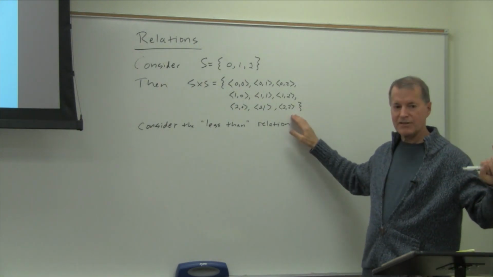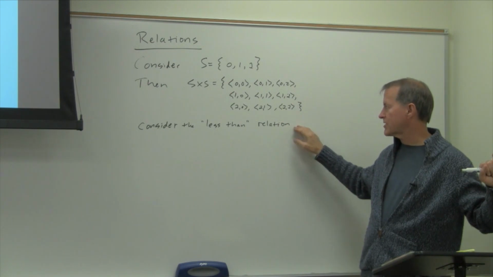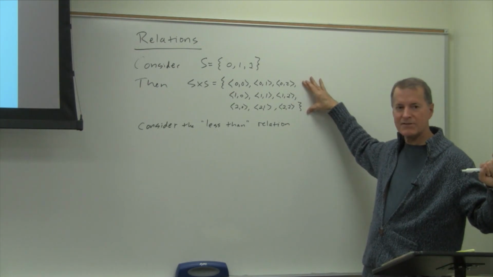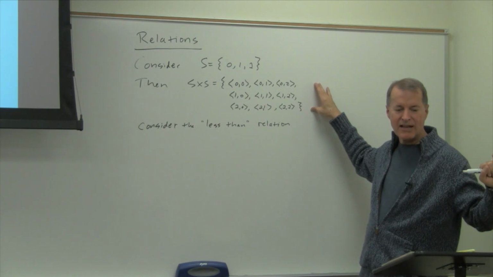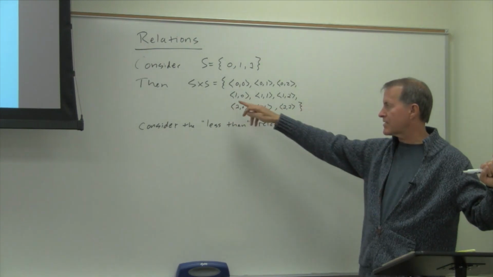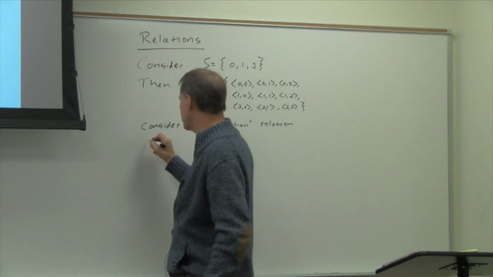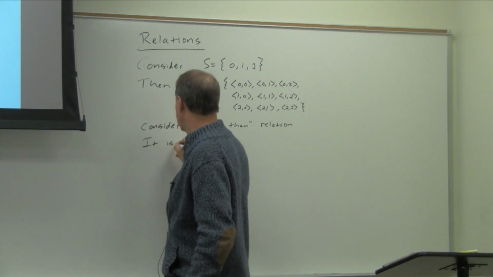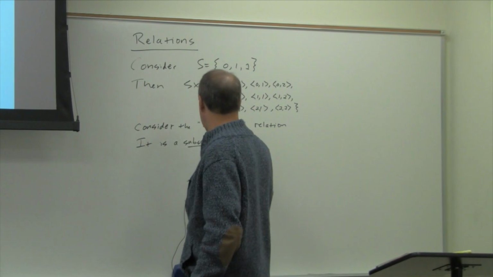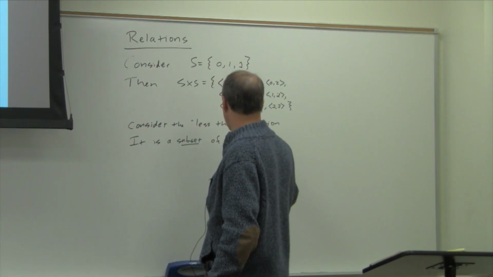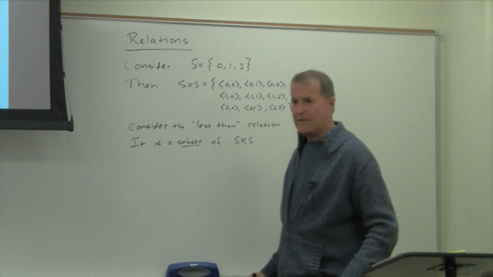A relation, this less than relation, is going to be a subset of this set of ordered pairs. So consider the less than. My statement is it is a subset of this S cross S. Tell me what this is.